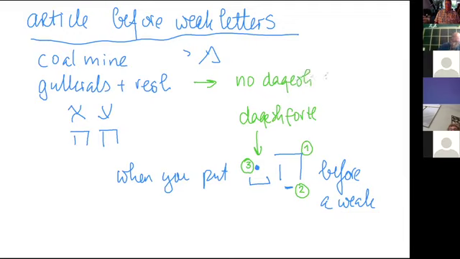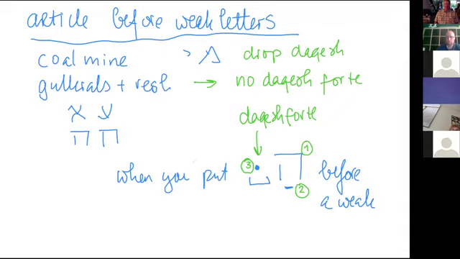And the coal mine letters drop the dagesh. So that's why it's interesting to know what is going to happen with the dagesh forte when you put the article hey before one of these letters.